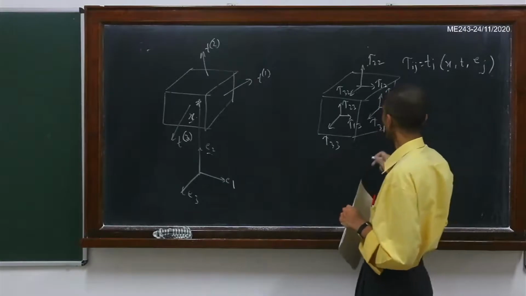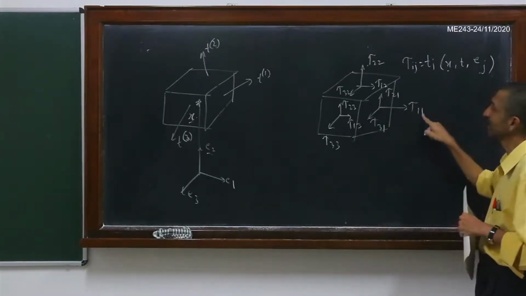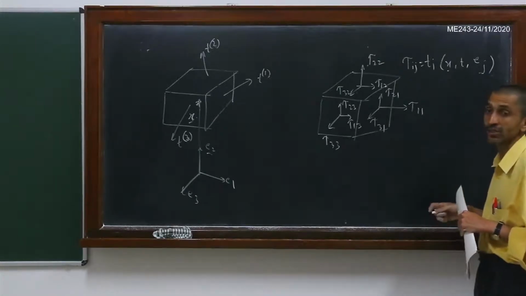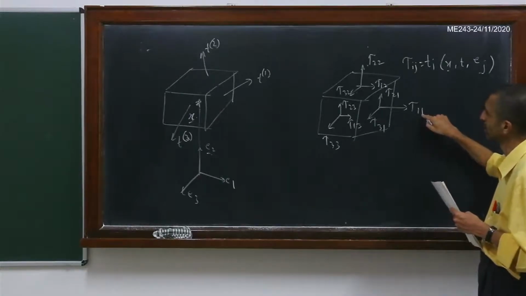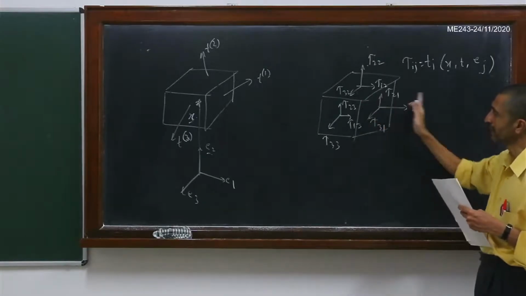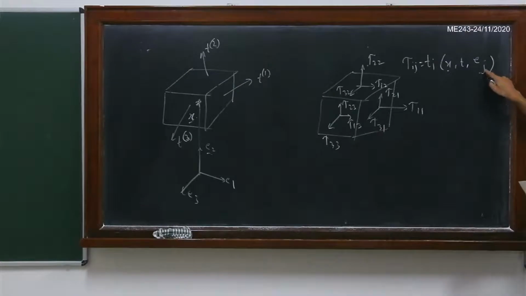So remember that this second index represents the plane, or the normal to the plane, on which that stress component is acting. Here, see, this second component is 1, this is 1, this is 1. That is because the normal to this particular face is E1. So here you can see that the second component represents the normal to the surface on which the traction is acting.